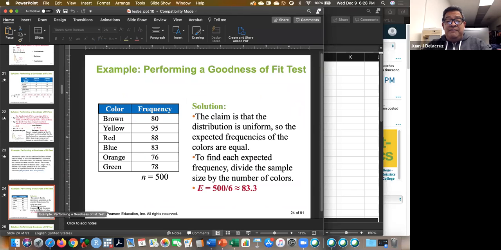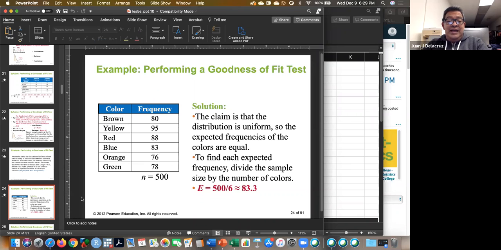In this example, we are also testing whether or not this bag of candies follows this rectangular, also called uniform, distribution. We have what in real life we find inside the 500 pieces of candy.